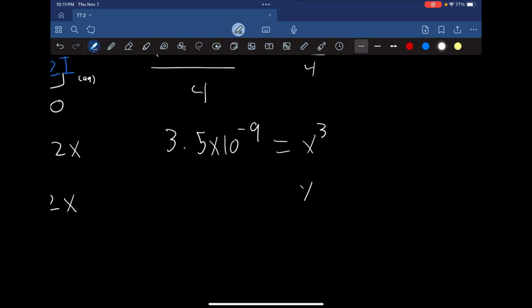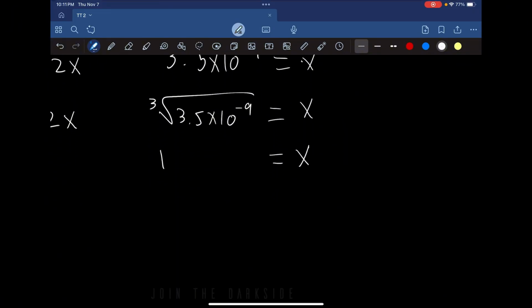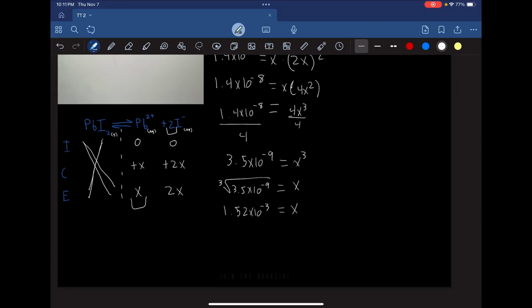And then to solve for x, we take the cube root of both sides. Let's take the cube root. We get 1.52 times 10 to the negative 3. You might think you're done.